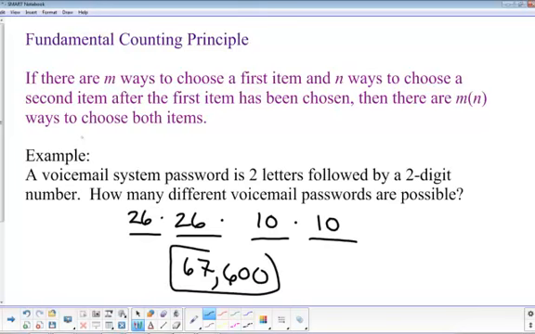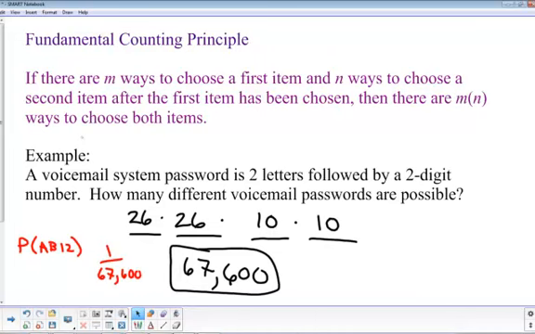So a password with 2 letters and 2 digits has 67,600 different options. If I had to find the probability of like A, B, 1, 2, that would be 1 out of the 67,600 options.